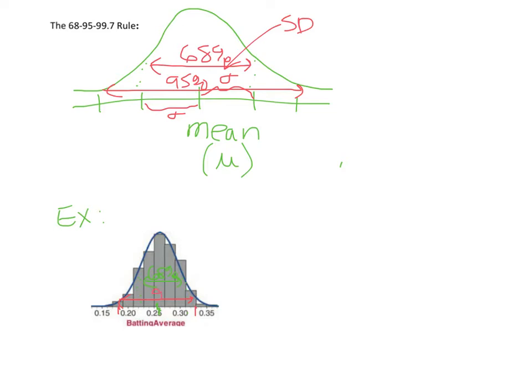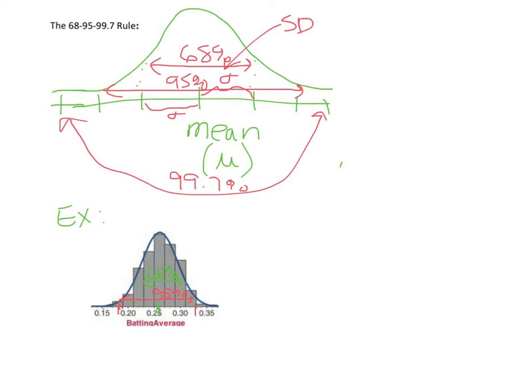So 95% are going to fall between about 0.18 and 0.32 or so. And then finally, if you go all the way 3 standard deviations away from the mean, that is going to be 99.7% of all the population.